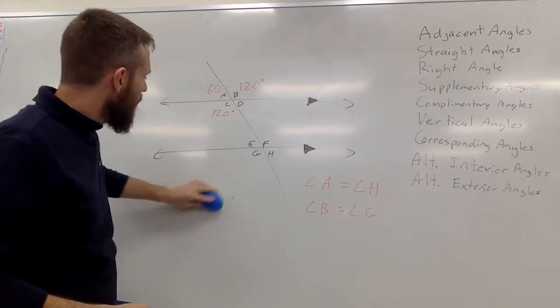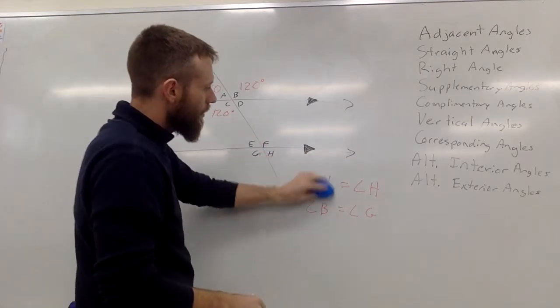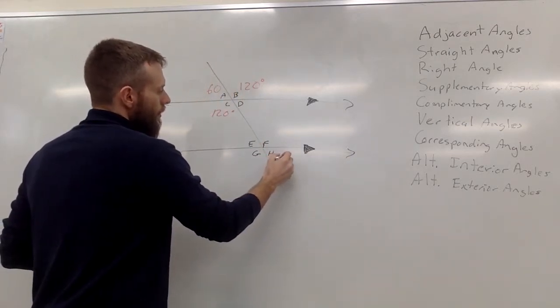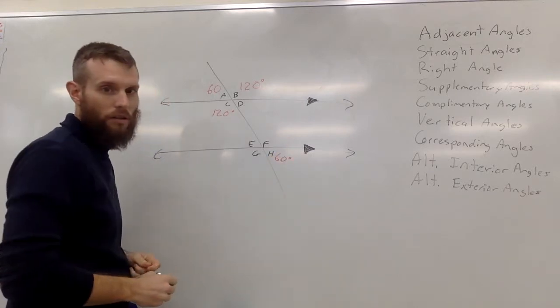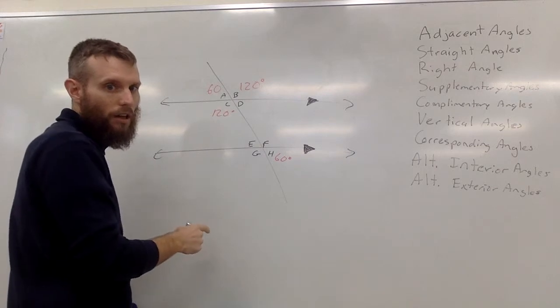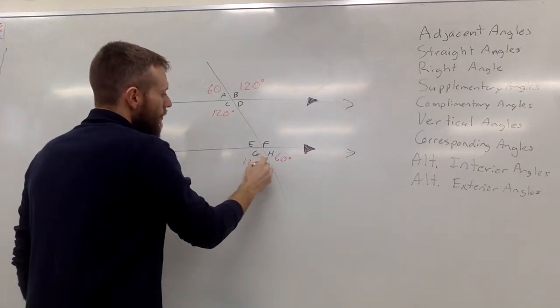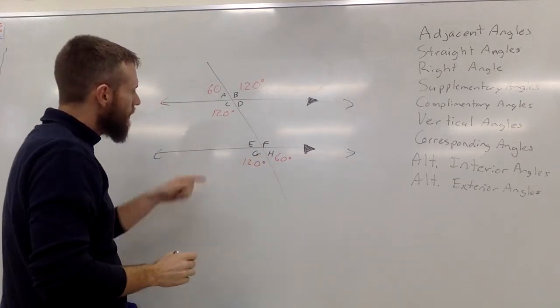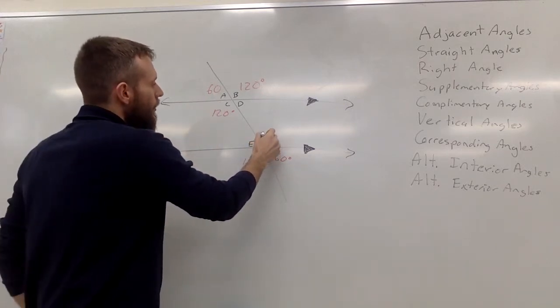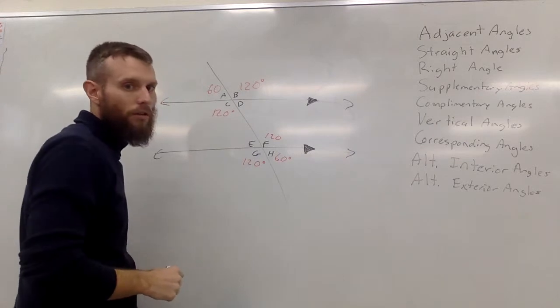We can say that A and H are alternate exterior angles, so I know that H is 60 degrees. We can say that B and G are alternate exterior angles, so this is 120 degrees. I can say that angle C and angle F are alternate interior angles, so that's 120 degrees.